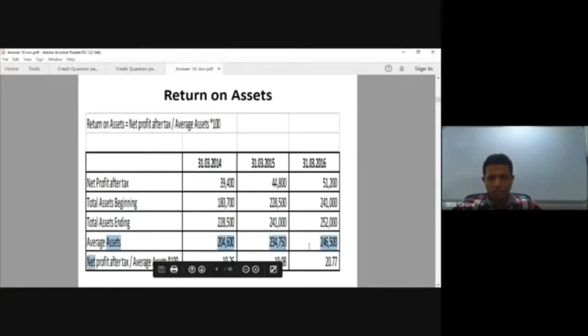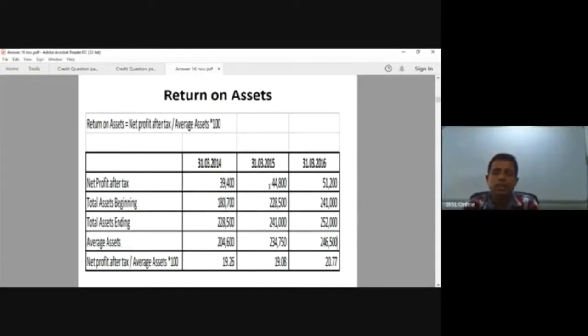Then take the net profit after tax, divide it by average total asset figures, and calculate the ratio. Return on assets. For 2014, it will be 19%. 2015 also 19%. 2016, it will be almost 21%.